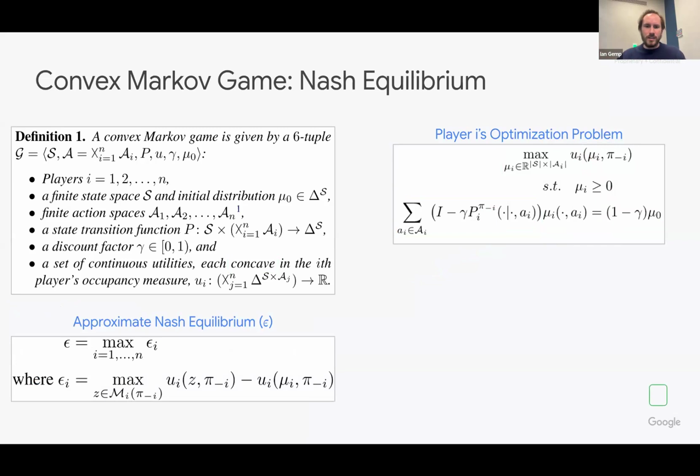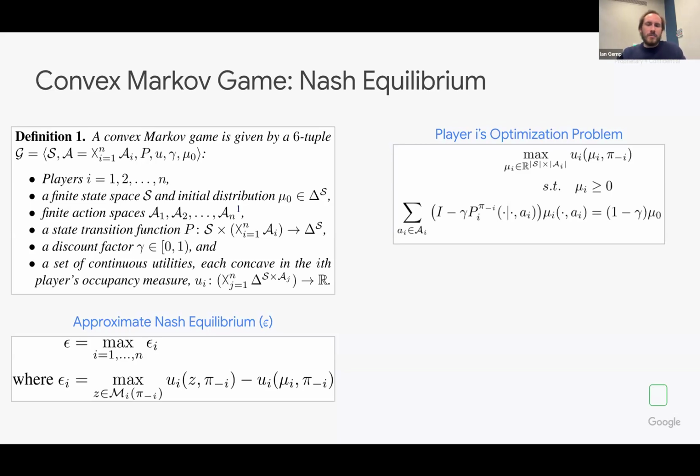Okay, so that was just setting up the problem. Our goal here is to approximate a Nash equilibrium, and we're looking for a Nash equilibrium in terms of policies. I think it's worth going into this real quick, because initially when we started working on this, we thought of looking at an equilibrium in terms of occupancy measures, and it didn't occur to us at first that that doesn't make sense.